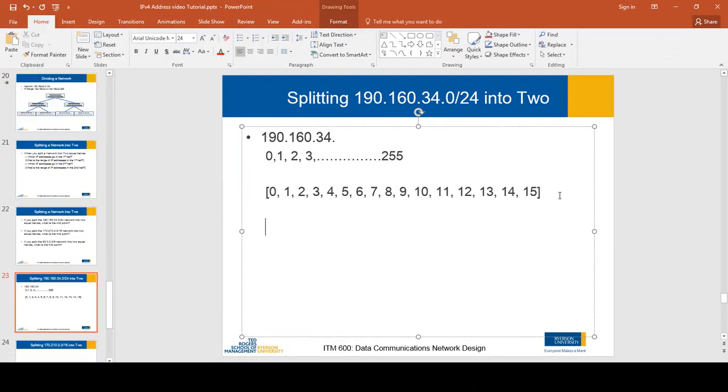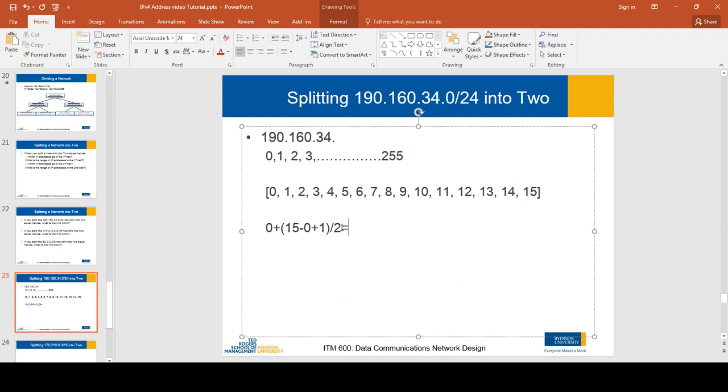We can use this generic formula where you start with the lowest number, in this case 0, plus the highest number, which is 15, minus the lowest number, which is 0, plus 1, and then divide this sum by 2, and that gives us the midpoint, which is not exactly the midpoint but the start of the second half.